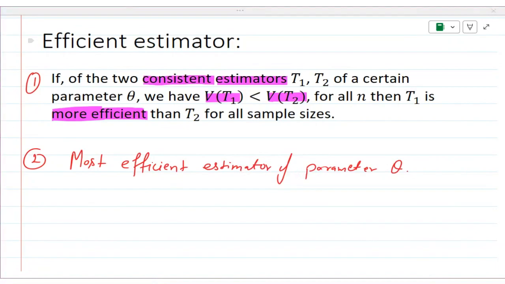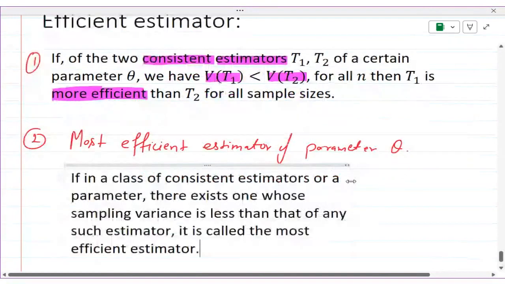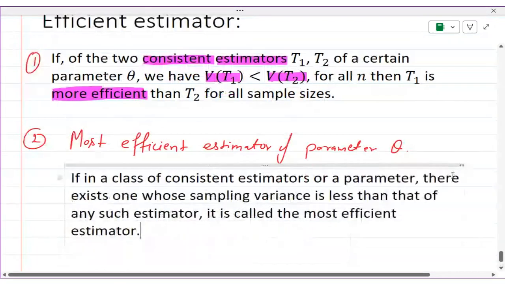We can write it this way: in a class of consistent estimators of a parameter, there exists one whose sampling variance is less than that of any other such estimator. It is called the most efficient estimator.